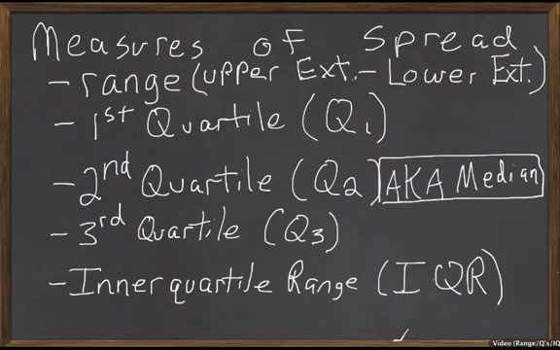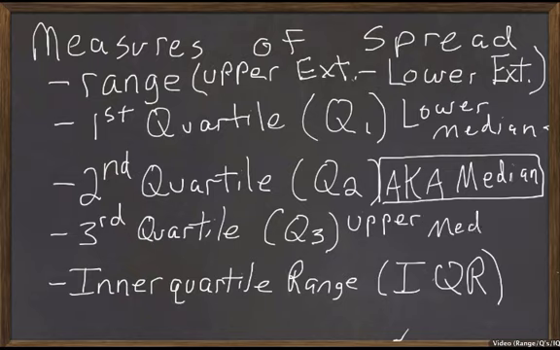So the second quartile is just the regular median. The first is the lower median, and the third quartile is going to be the upper median, the median of the upper half of the data.